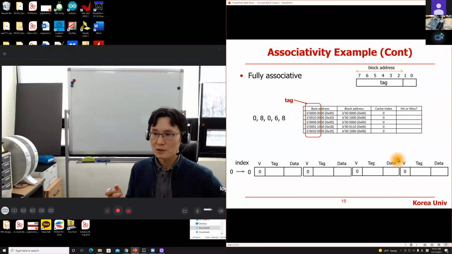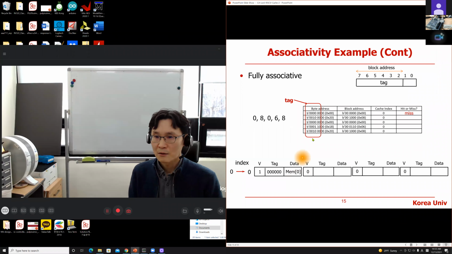So we have cache miss. Then what we have to do? You have to bring in memory block, right? And then record tag information, 6 zeros, and set validity to 1.